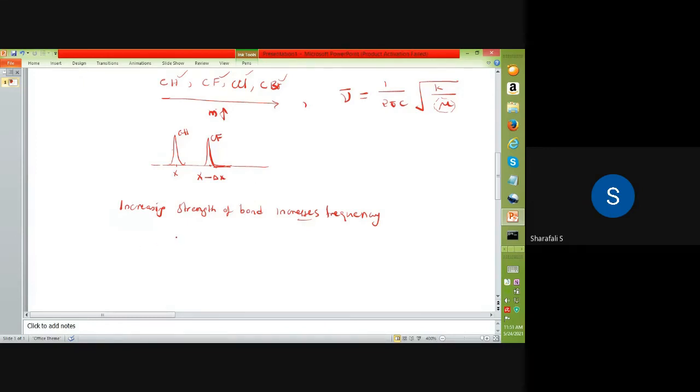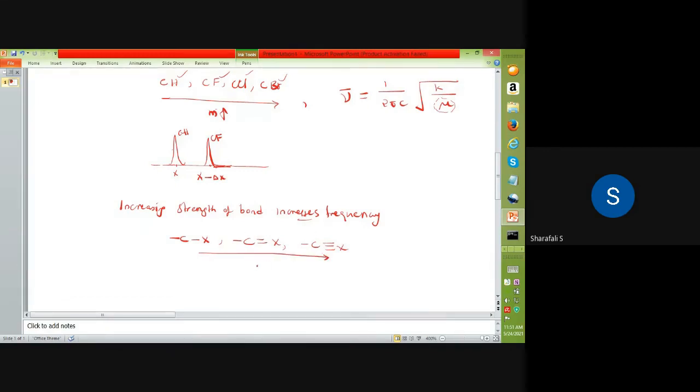So let's consider the different bonds: C-X, then C double bond X, then C triple bond X. In this direction, we have a very strong bond at this end.